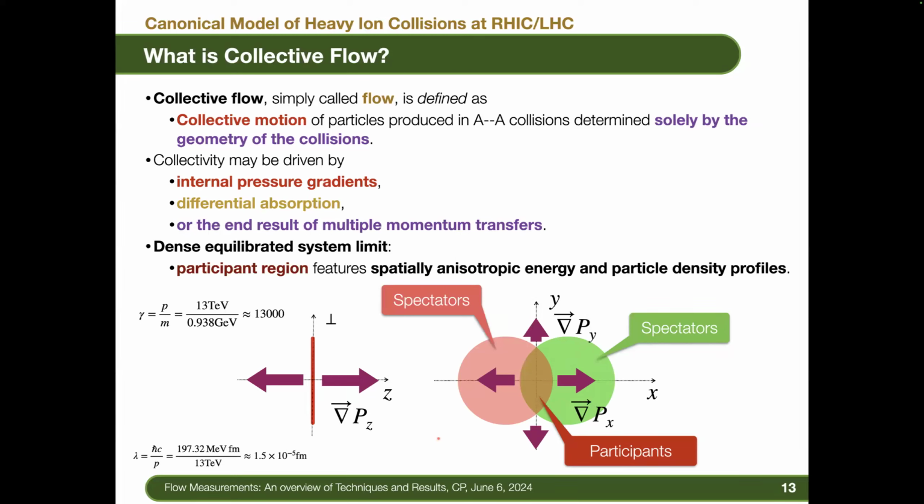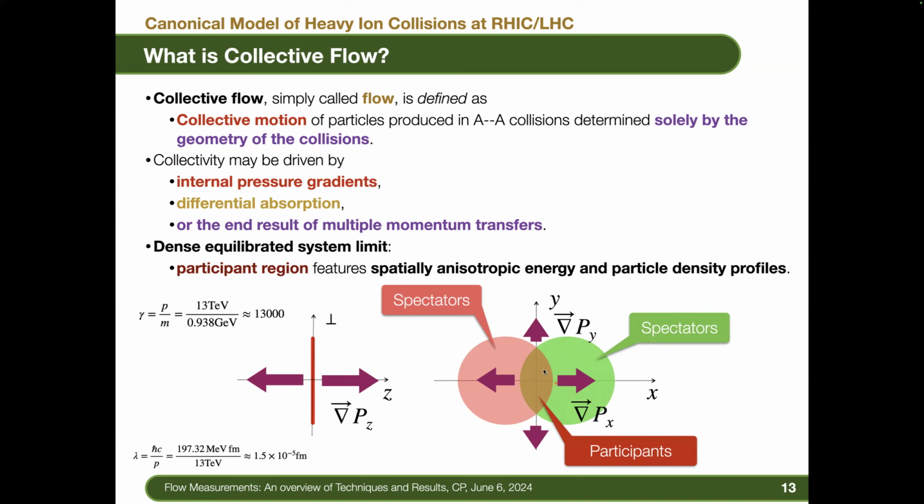There's another source of collectivity, which is that if you have very hard collisions creating very high pT partons, as these partons penetrate through the medium, they can actually lose energy, and as such, they can be stopped or slowed down. This leads then to what we know as differential absorption.